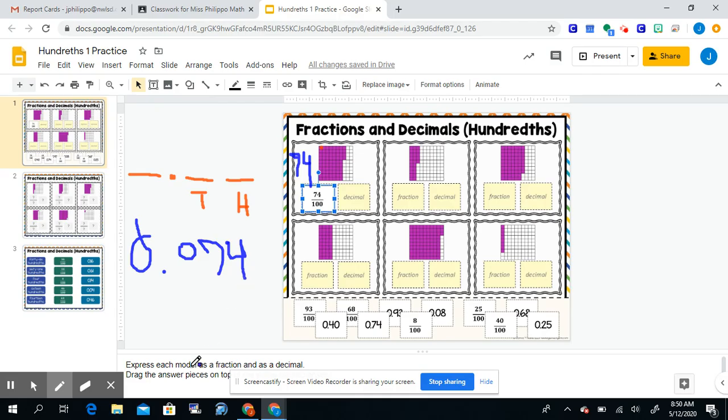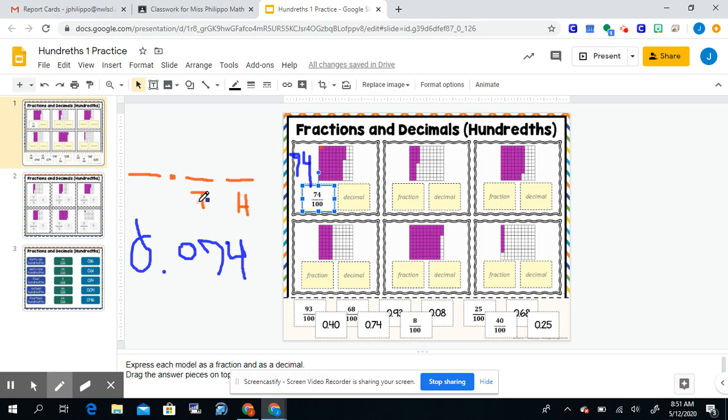But no, okay? Let's look at this number, 74. Isn't that 7 technically in the tens place value, right? I got 7 tens and 4 ones basically here. It's kind of the same concept with decimals. I got 7 tenths, 7 tens in a row, right? 10, 20, 30, 40, 50, 60, 70.